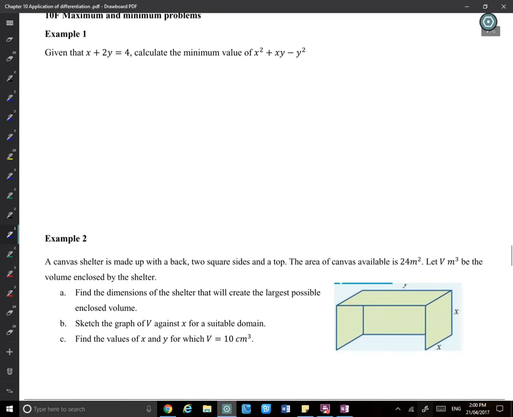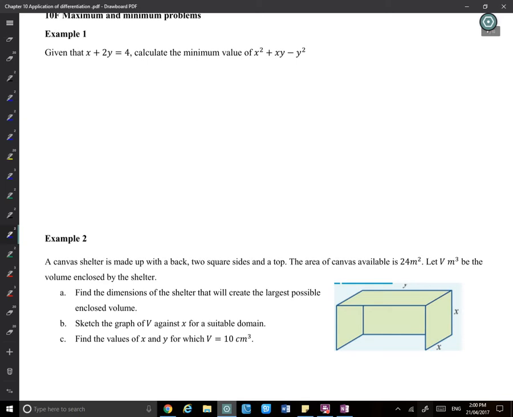Okay, have a look at example 1. We are given a relationship x plus 2y equals 4, and we need to calculate the minimum value of that expression, x squared plus xy minus y squared. You want to find the minimum value, so you need to set up an equation first.